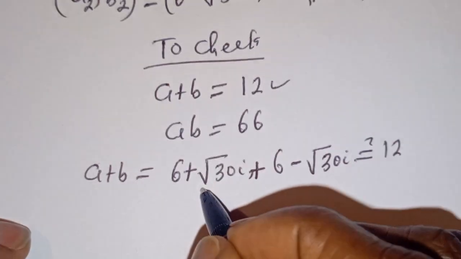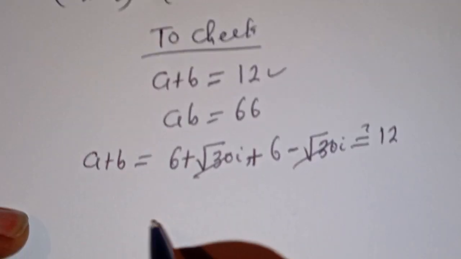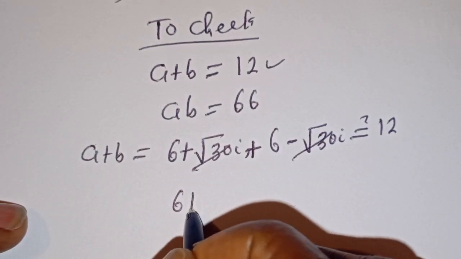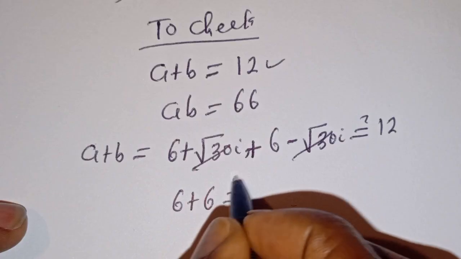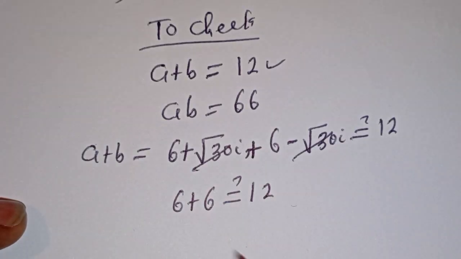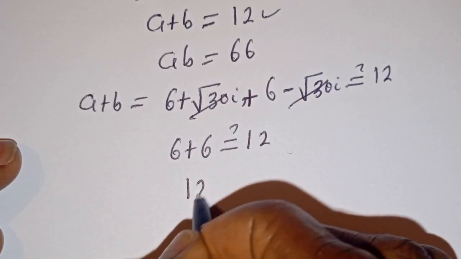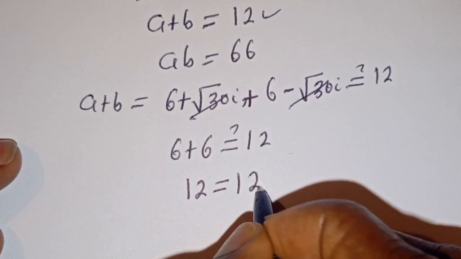Then we cancel this. We have 6 plus 6 must be equal to 12. 6 plus 6, this is 12, is equal to 12, which is true.